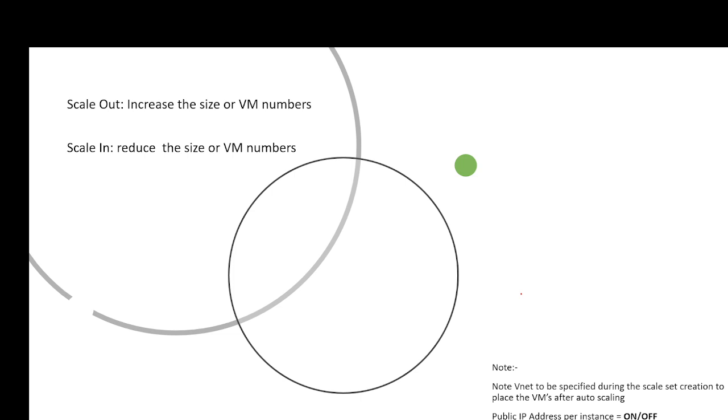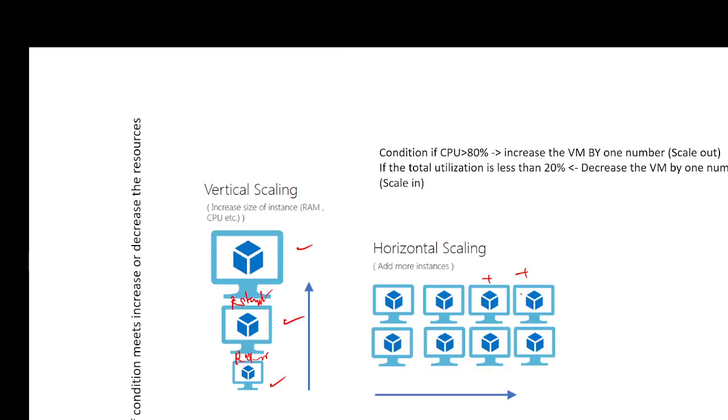Note here, the VNet has to be specified during the scale set creation to place the VMs after the auto scaling. Means when you are creating the scale set, you need to specify in which virtual network you need to keep the virtual machines, so that all the required ports are opened and the load balancer will send the application requests to those particular VMs. That is called scale in and scale out.